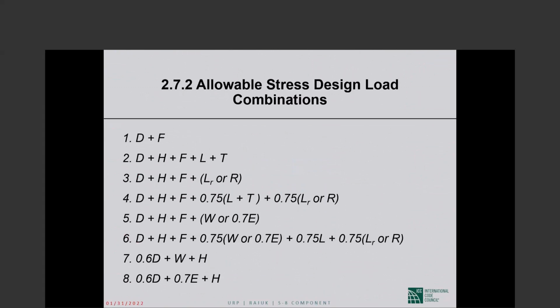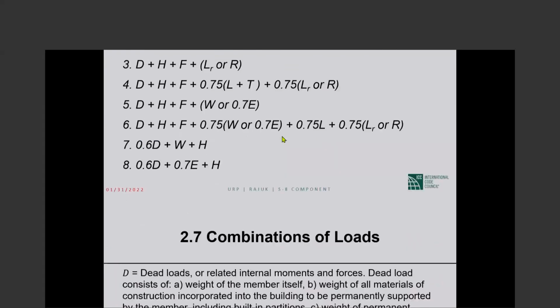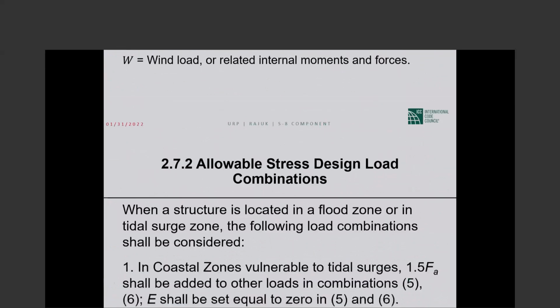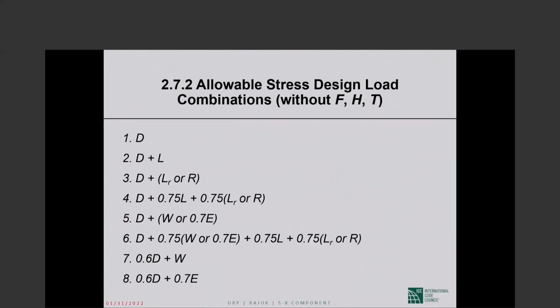So this is dead load and fluid. Let me go to this simpler version where we have dropped the F, H, and T. Remember, those things have to be considered only when they are significant.